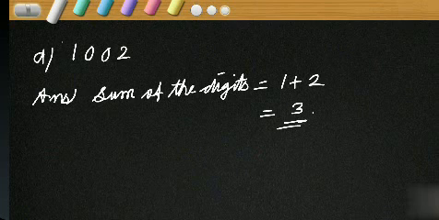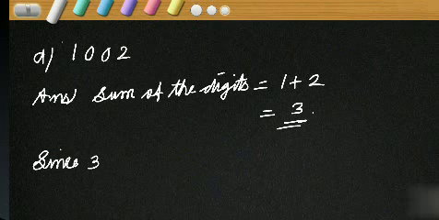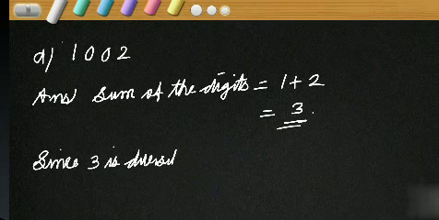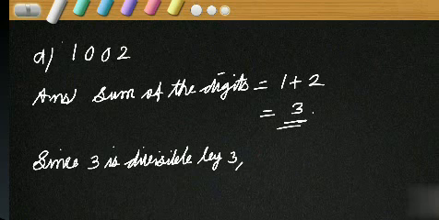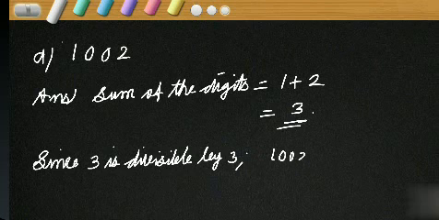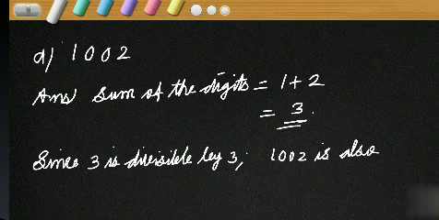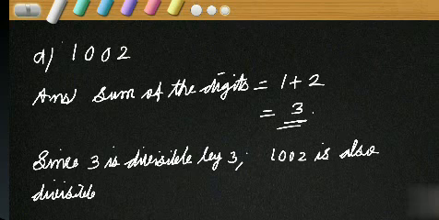Write down: since 3 is divisible by 3, the given number 1002 is also divisible by 3, isn't it?